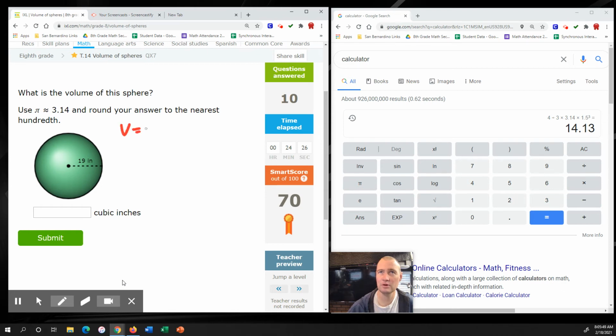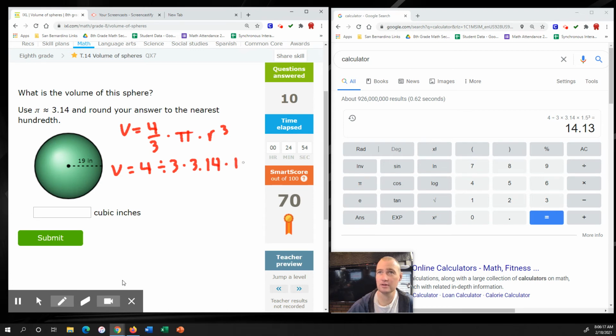So I got volume equals 4 over 3 times pi times, guessed it, r to the third power. All right. Volume equals, convert the fraction into a division because that's what it is. 4 divided by 3 times 3.14 times radius.